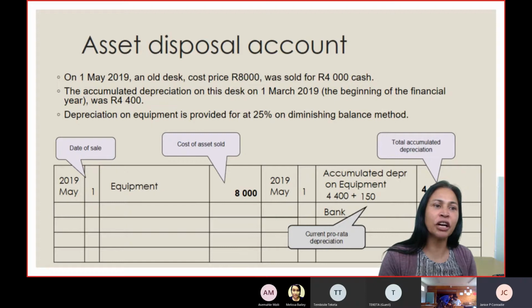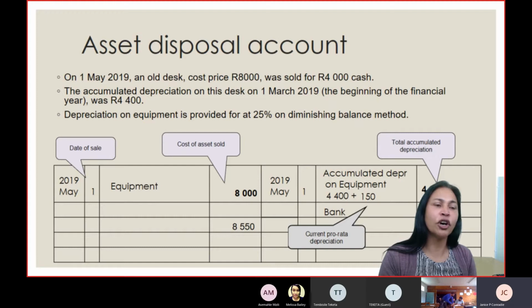Next, we close off the account. If you look at your credit side, it shows you that you have a total of 8,550. And that is what we're going to enter. So we close off the account by entering the total on both sides. But that leaves us with a difference on the debit side that we need to find.